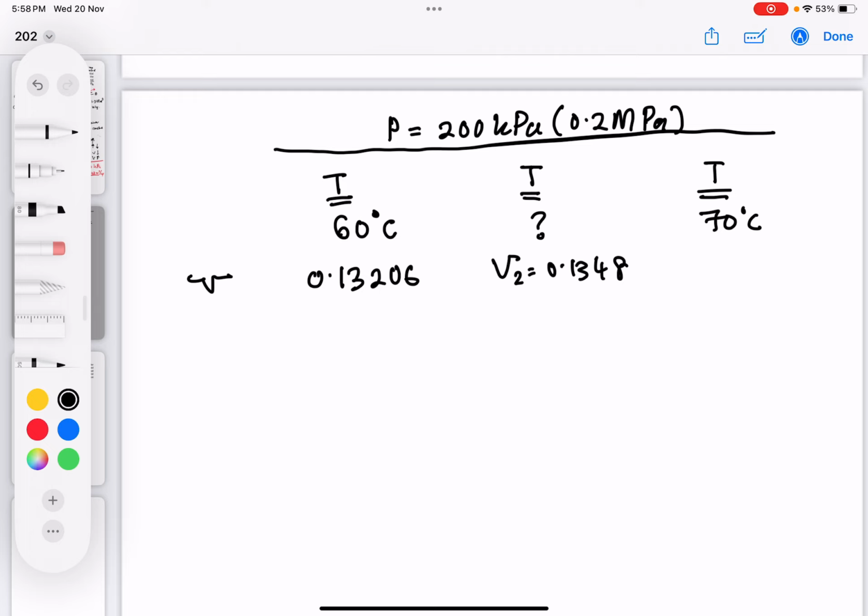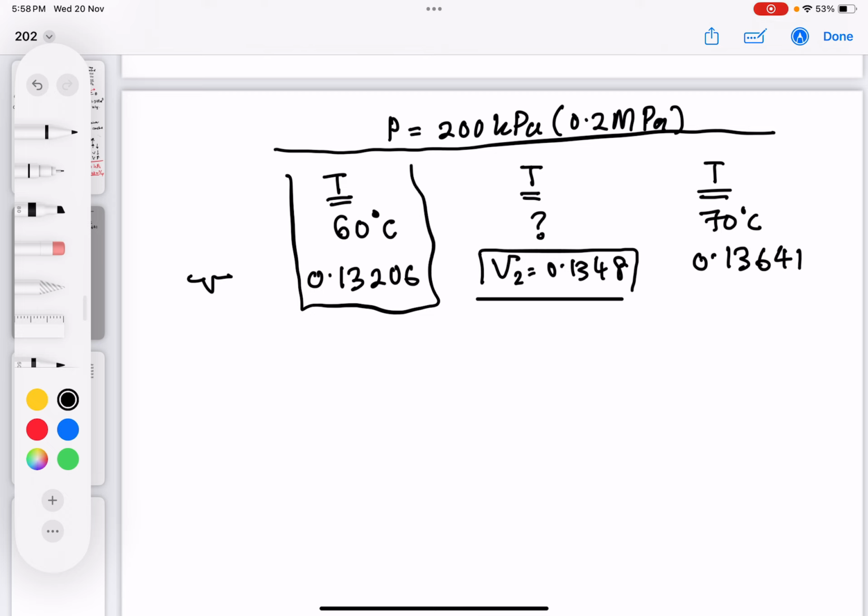And then for the temperature of 70 degrees Celsius, my specific volume was actually equal to 0.13641. So this is the value which I want, but I don't have the temperature. But these two values were actually coming from the steam table.